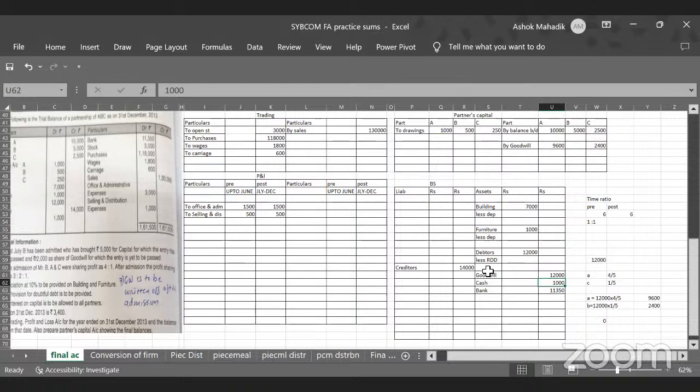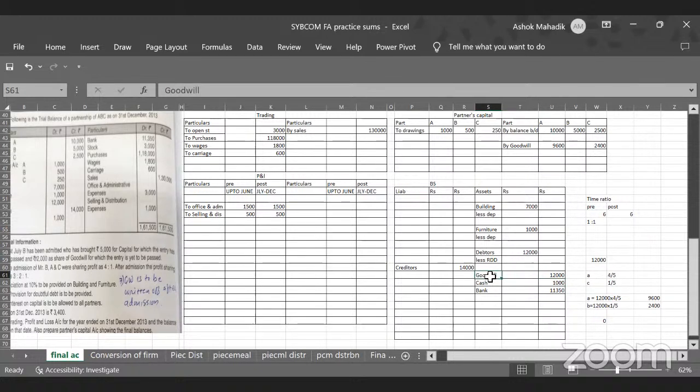What you will do with that 12,000, first distribute that among the old partners in their profit sharing ratio, which was 4:1. So I distributed between A and C as 9,600 and 2,400. And this 12,000 is your asset, so it will be recorded on the asset side as Goodwill 12,000.